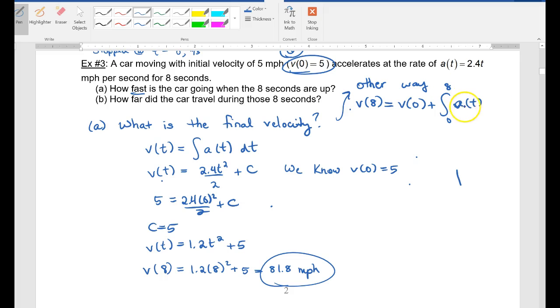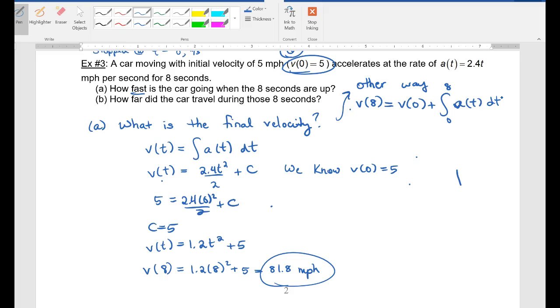Oops, that's supposed to be an A. It's what we were using from the previous page, just applying it to acceleration now. This gives us the same answer. The additional piece is that we actually came up with the velocity function. So you can do it either way. Doesn't matter to me, they're both correct.